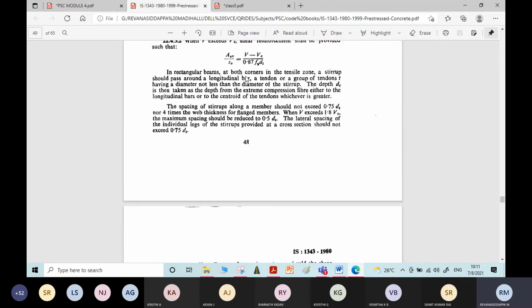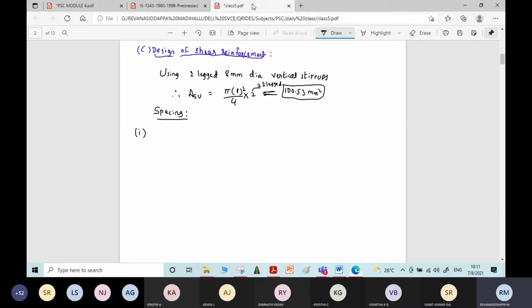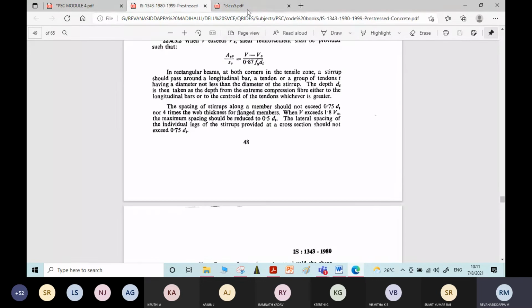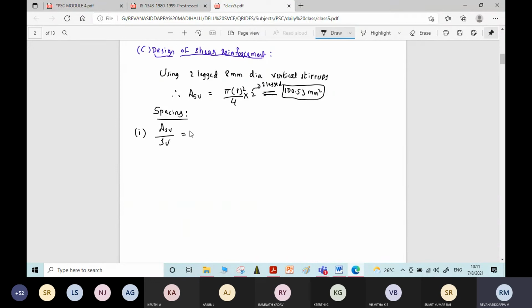Most of the times, if VC is less than V, you will get lesser spacing in this case. First use this formula: ASV by SV is equal to V minus VC divided by 0.87 Fy dt.